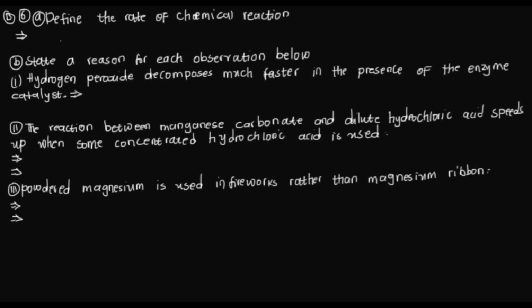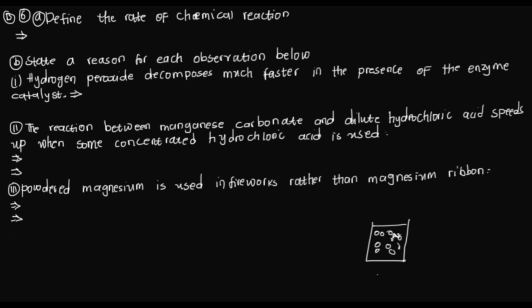Question 6a, define the rate of chemical reaction. Now let's say we have a beaker. This is our beaker. Then let's have a picture that we have some particles inside this beaker. Now when a reaction is taking place, these particles must collide with each other.